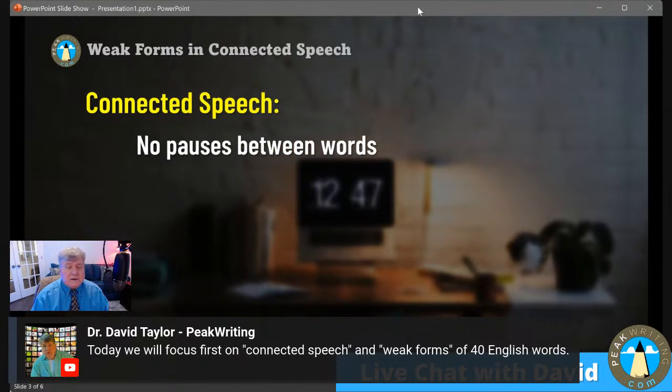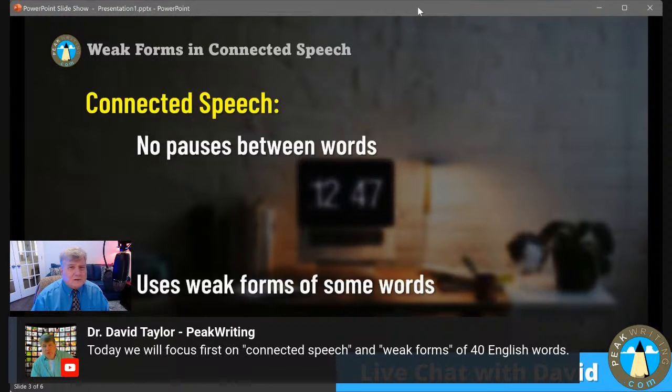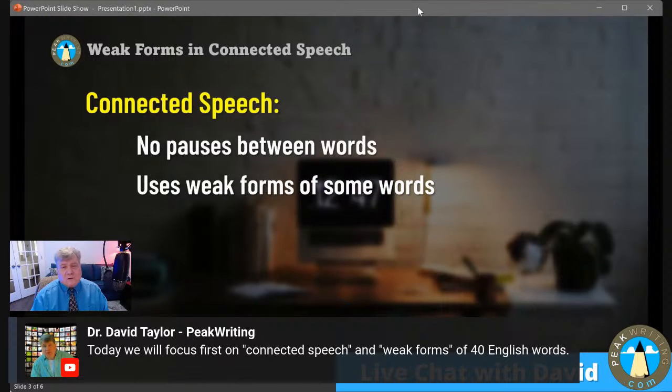Connected speech basically means that someone is speaking but is not pausing, or perhaps pausing only a slight amount between the words. Speech without pauses. The result of this speech without pauses is that some of the words in connected speech take on what is called their weak forms.